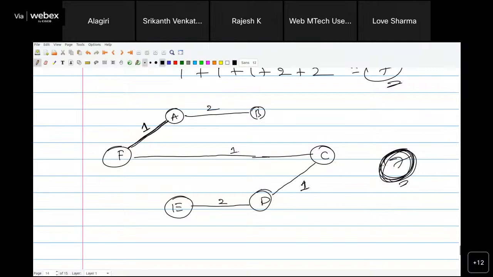Okay. But Prim's actually uses the connectedness of the tree. So first it will take an edge. Definitely this edge needs to be connected to some other edge because this tree is a connected tree. So we will look for the neighbors of this edge and we will build using the property of connectedness. So Prim's uses that.